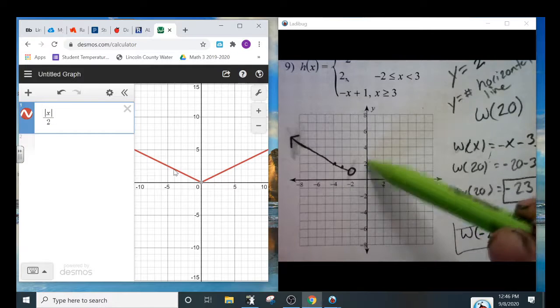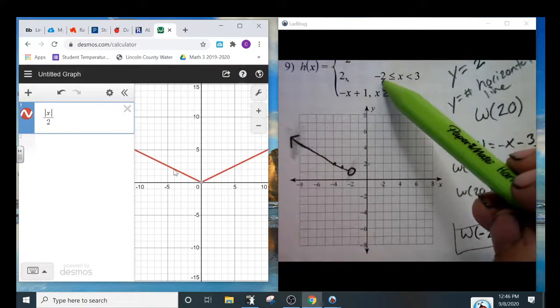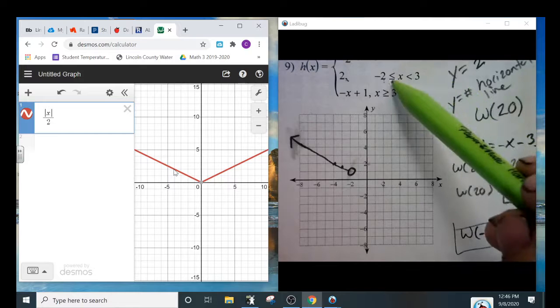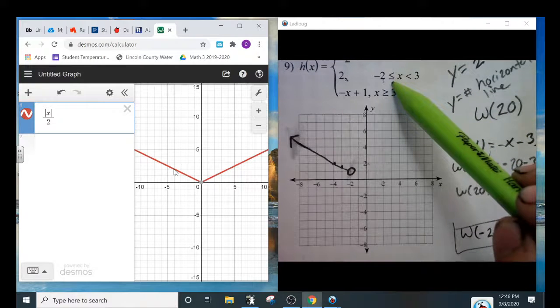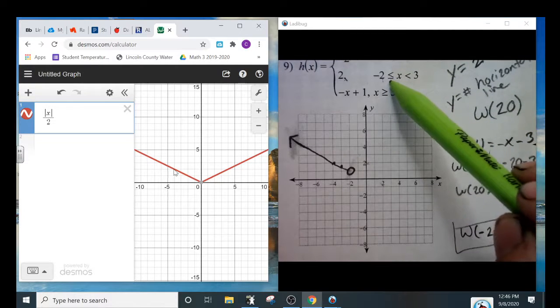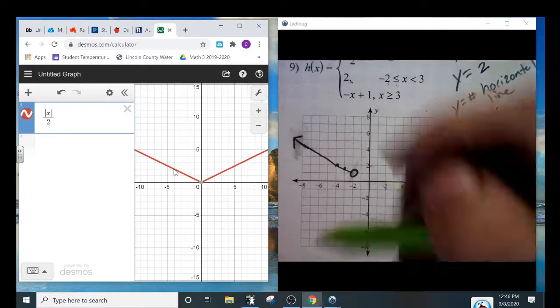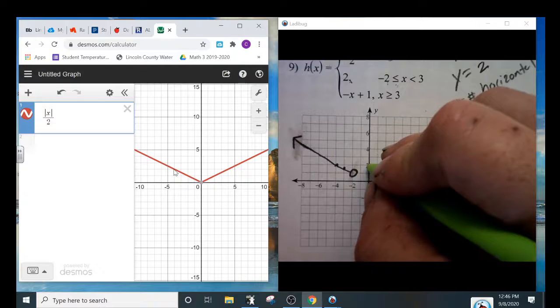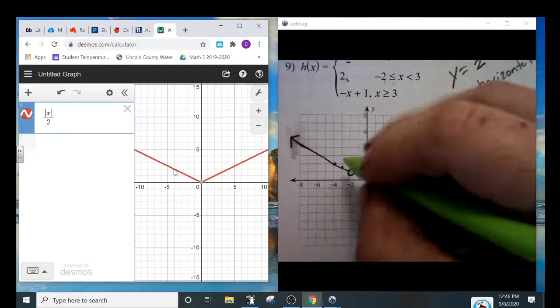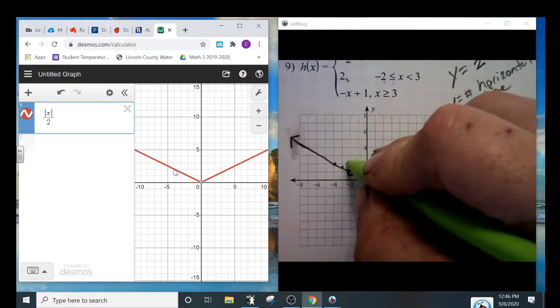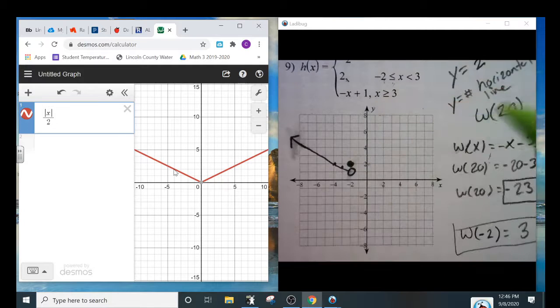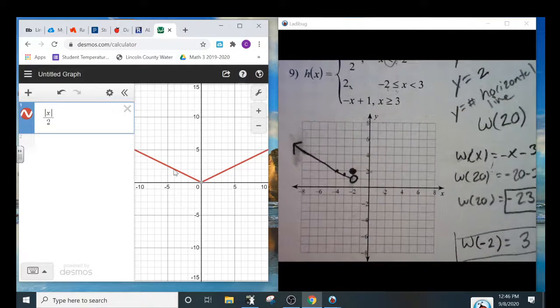All right, now, my domain is from -2 to +3. Now, guys, is this going to be a closed circle or open circle referring to this sign right here? Closed. So I'm going to go, now y equals 2 is here, okay? So I'm going to do this a closed circle. All right. Now, guys, this is going to be a horizontal line. So what I would do is look for this end of my domain and go over here.